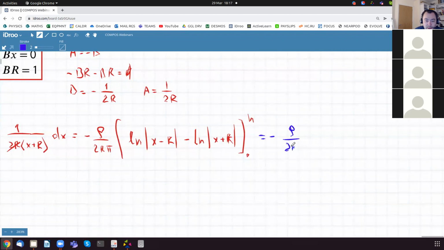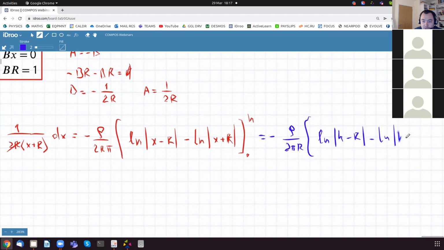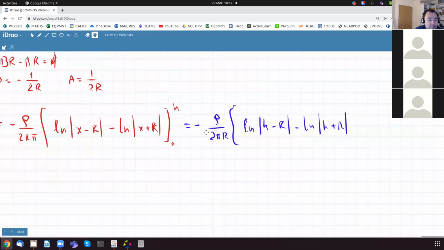So this is going to be minus rho over 2 pi r, in fact. And so we plug in h, so it's logarithm h minus r minus logarithm h plus r, minus.